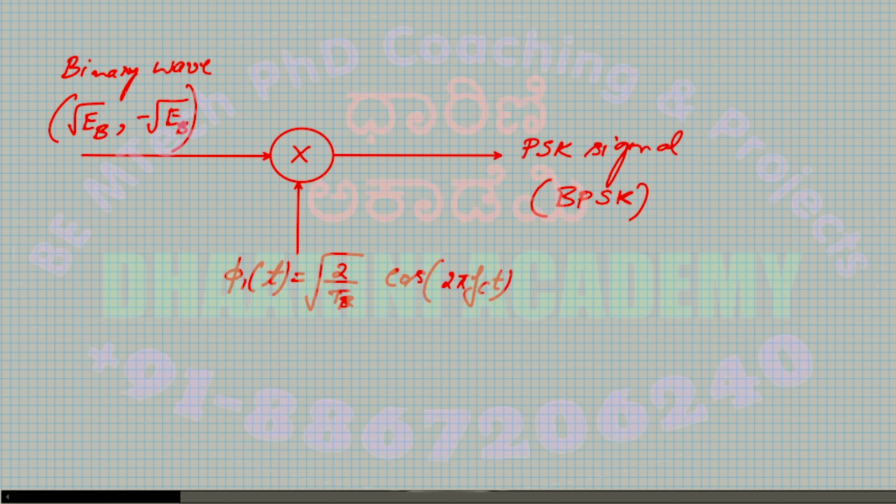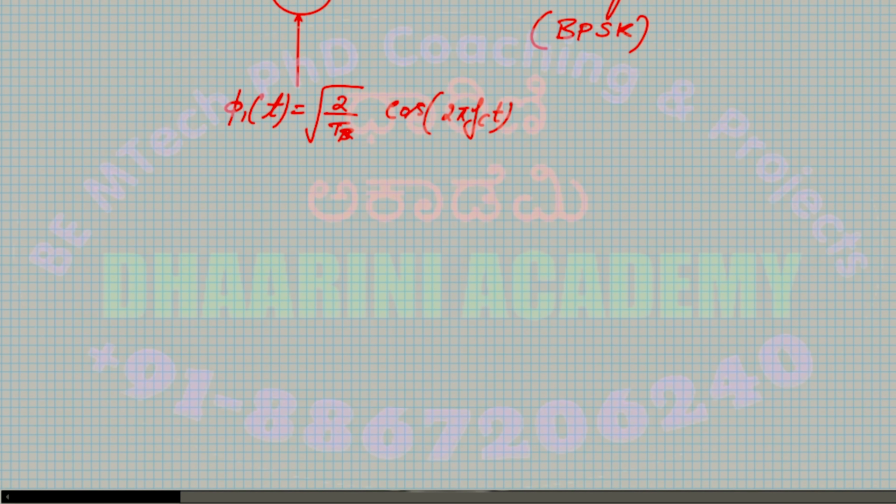Now we need to look at the PSD. You see we are using plus root EB and minus root EB format. So whenever I have plus root EB and minus root EB as my input signal, what should be the baseband signal's power spectral density? I'm writing that now. Just recall what we had studied yesterday.